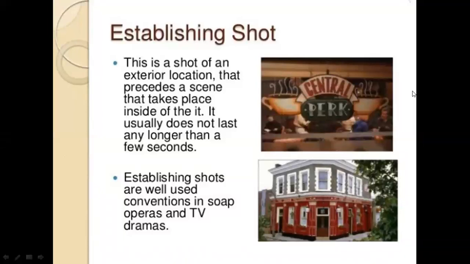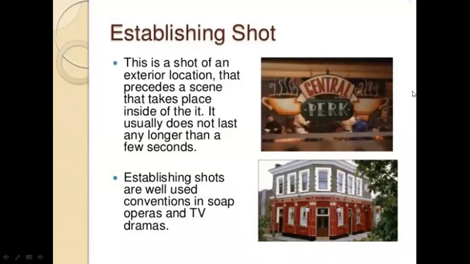Technically speaking, an establishing shot is usually a wide shot, an extreme long shot or an aerial shot that shows a lot of the setting or context. Establishing shots are unlike other shots in a movie for a few different reasons.